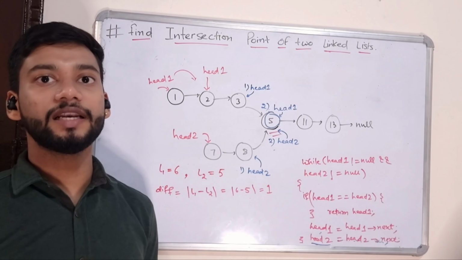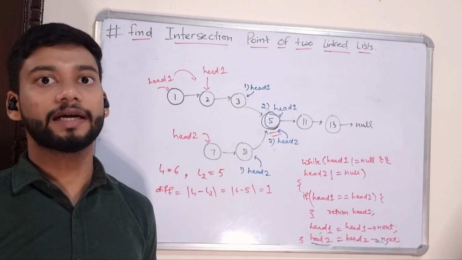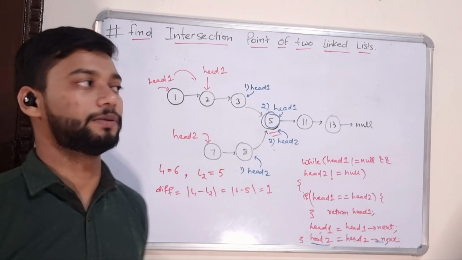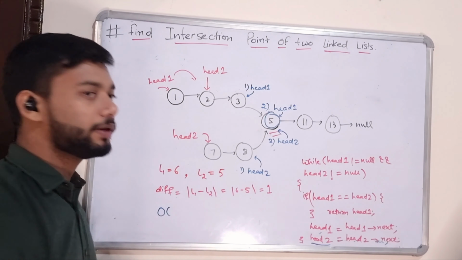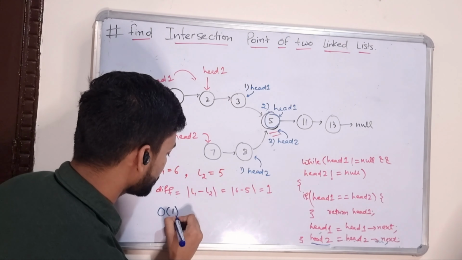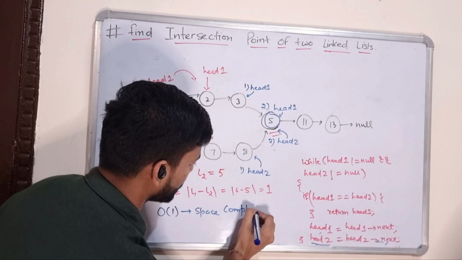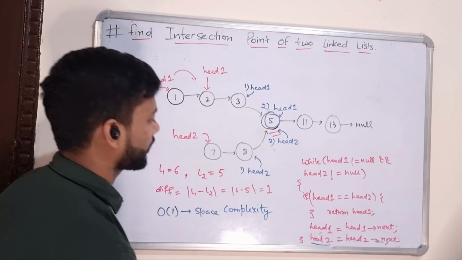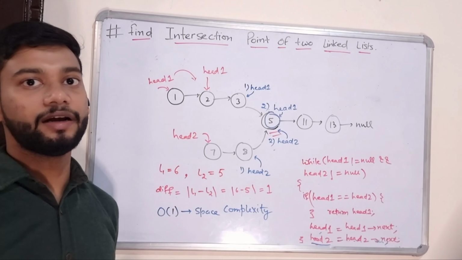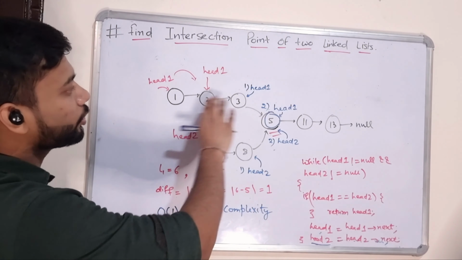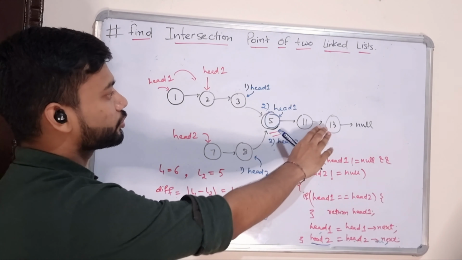I hope you guys are clear with the implementation part. Now let's talk about the time complexity and the space complexity of this algorithm. The space complexity of this algorithm will be constant, so it can be taken as O(1). To find the time complexity, we can reiterate over what we did. First, we calculated the length of linked list 1, and then we calculated the length of linked list 2.